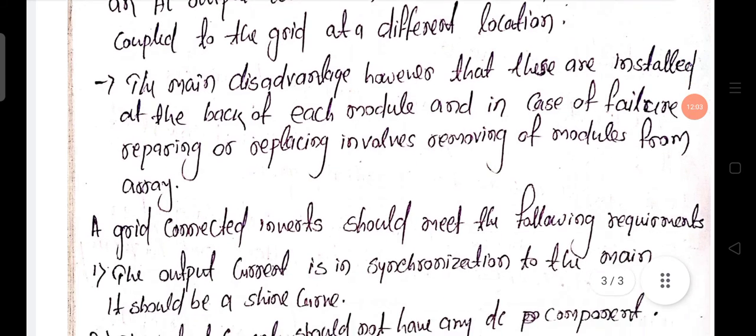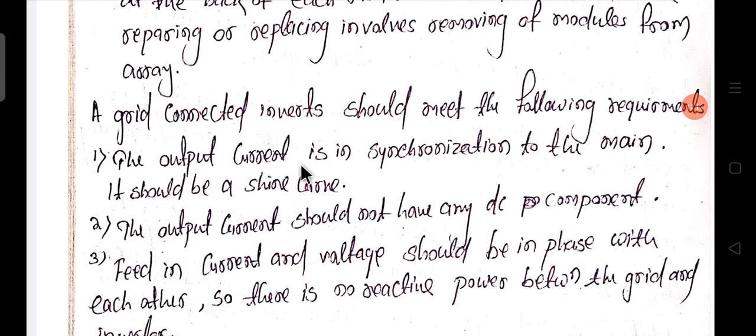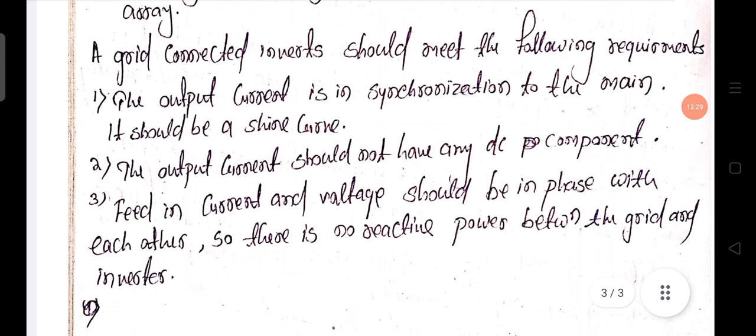A grid connected inverter should meet the following requirements. The output current should be in synchronization to the mains, meaning the supply current which is supplied by the government, and it should be a sine curve.